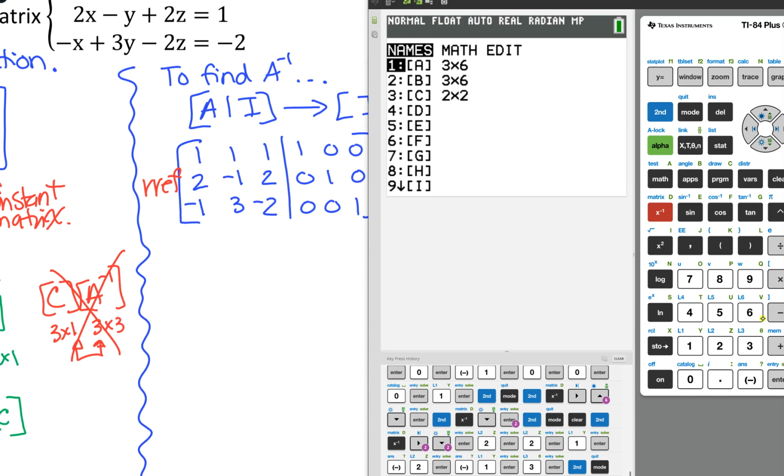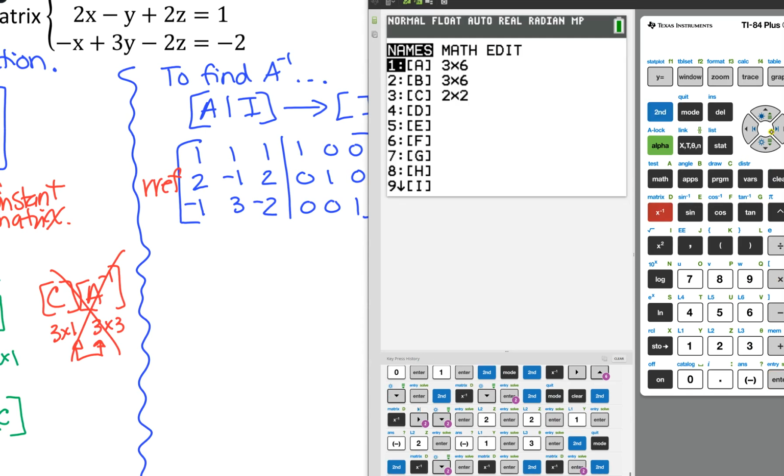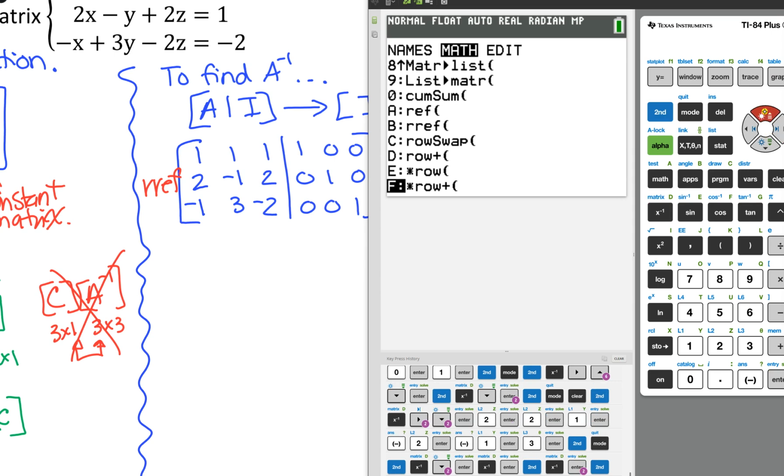I think I put it into matrix A. Yep, this is what I have in matrix A. It's a 3 by 6, the same matrix I have on my screen, and I want that in reduced row echelon form. So second matrix, math, and I want reduced row echelon form.